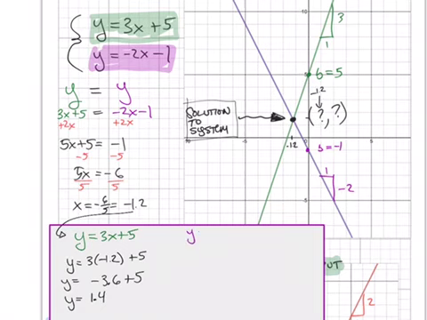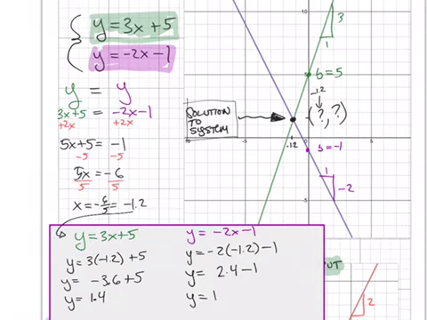And actually, I'm going to check it on the other equation too, just to prove a point. I'm going to take x equals negative 1.2, and I'm going to plug it into the purple equation as well. I'm going to get positive 2.4 minus 1. And you'll notice that when I plug in x equals negative 1.2 to the green equation and to the purple equation, I get the same y value out for both equations.